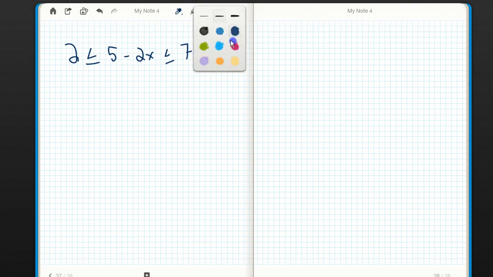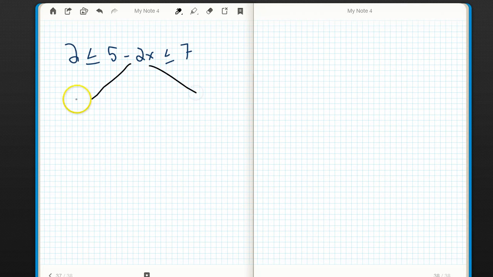So once again, we're going to break this up into two inequalities. And yes, I know I'm going to get a fraction, but whatever, don't cry.